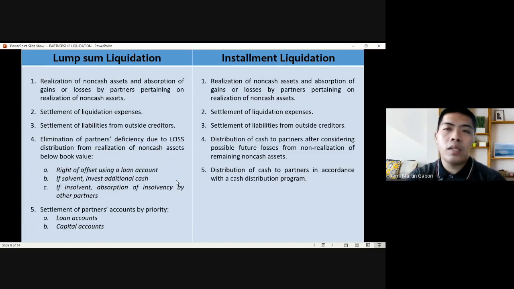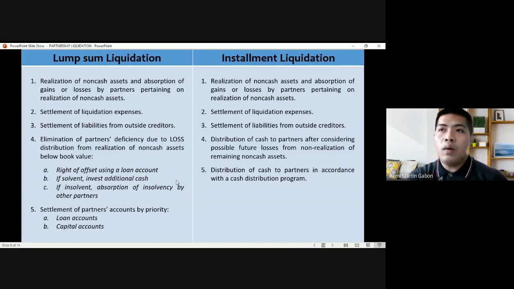Pagdating naman dito sa installment liquidation, merong distribution of cash after settlement of liabilities. There is direct distribution of cash to partners after considering possible future losses from non-realization of remaining non-cash asset. Okay? So, expected sa installment liquidation na meron pang mga non-cash asset na hindi marirealize, kaya nga installment.